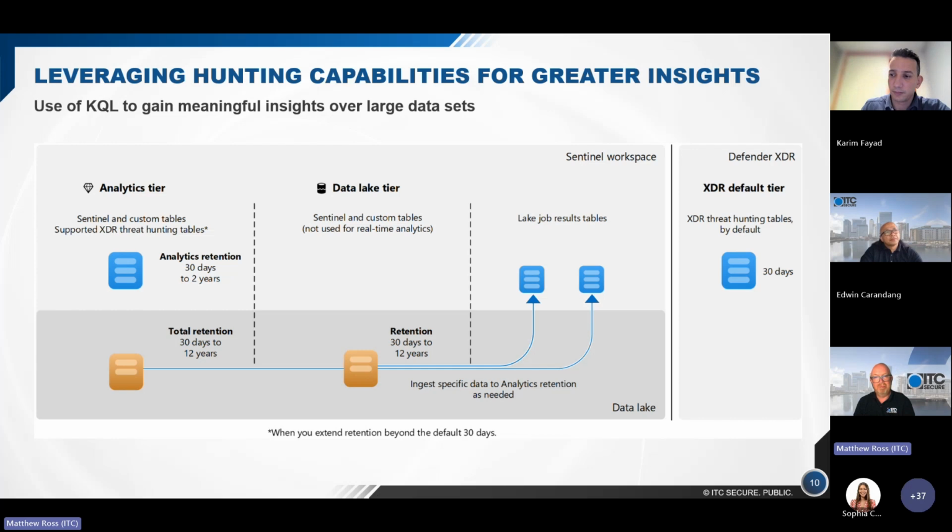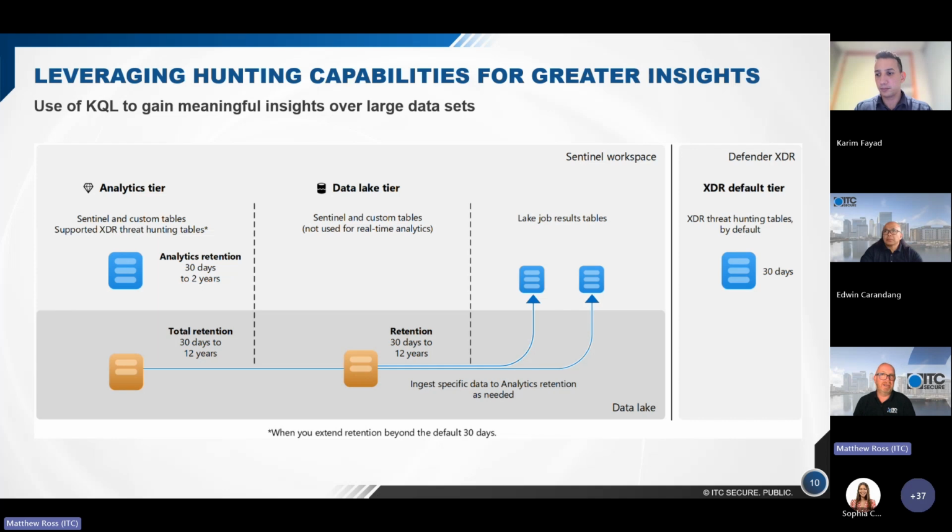A good example of that would be running a query to match your threat intel data, your IOCs, against firewall destination logs, whether that be IPs or URLs. So you're doing the match. If there's any matches, you then populate a table in the analytic tier, which can trigger some detections.